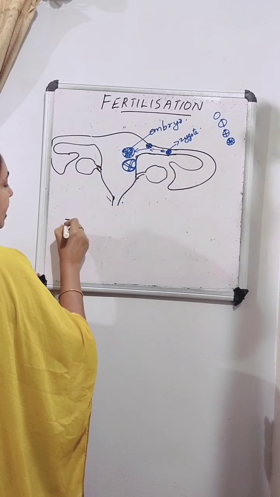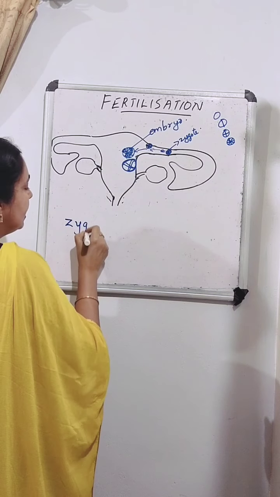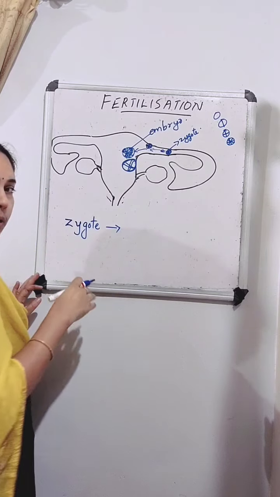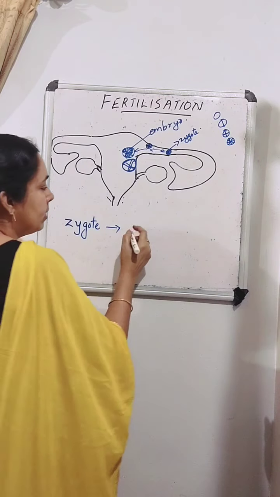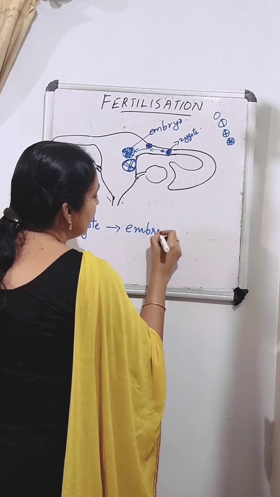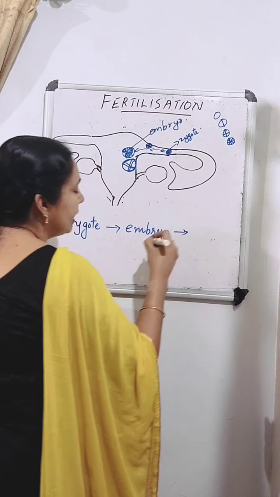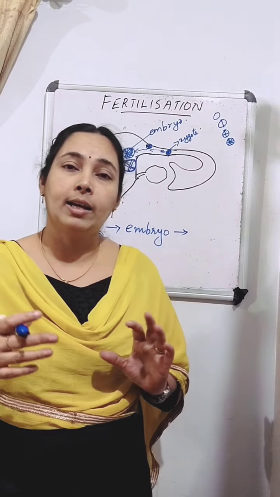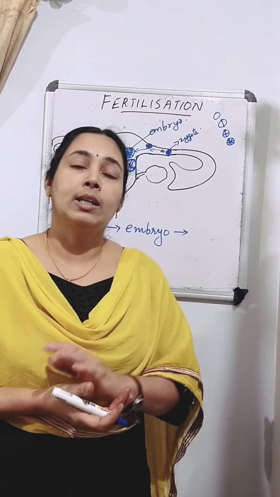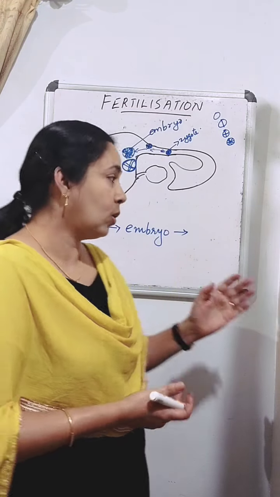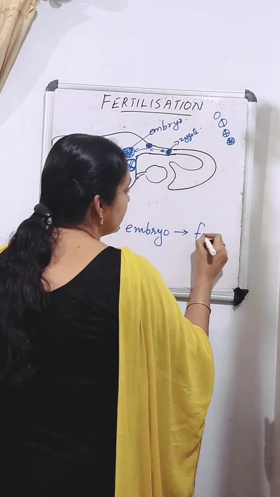So first, when it is a single cell, it is called zygote. The zygote begins to divide into many cells. Then we call it an embryo. Later, after a few months, it will develop body parts, head, hand, leg, everything, so that its body parts can be identified. At that stage, it is called a fetus.